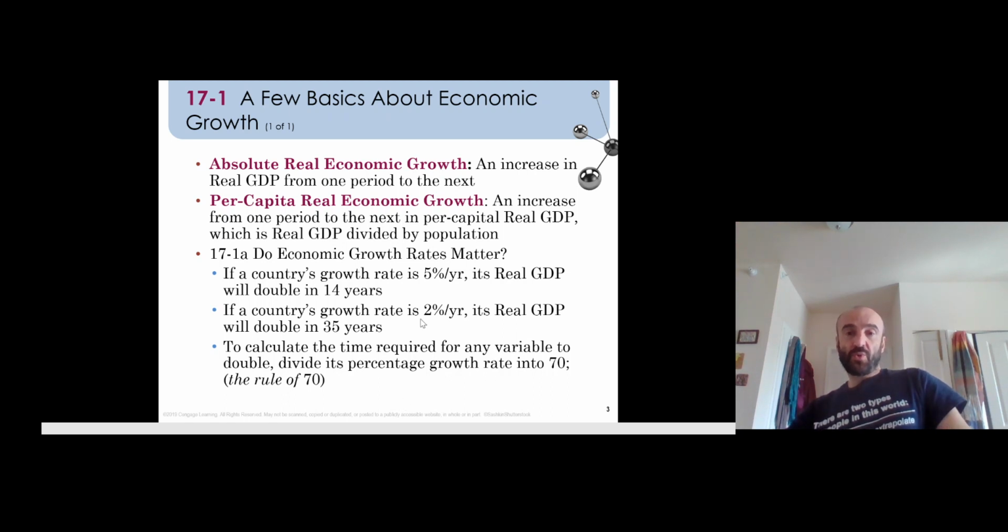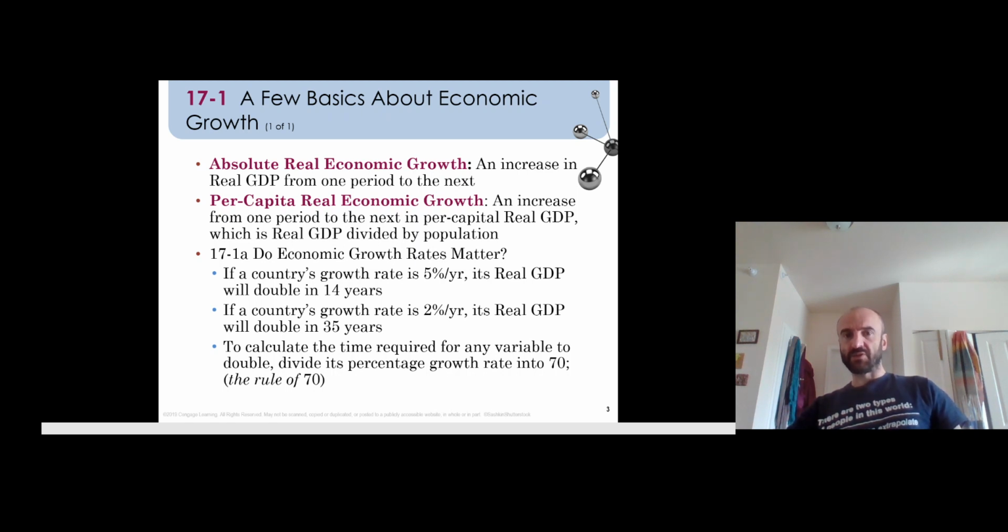So if your growth rate is 5%, your real GDP will double in 14 years. The formula is 70 over 5%. It's 14 years. So if you control for the population, you go from an average personal income of $30 in constant terms to $60.